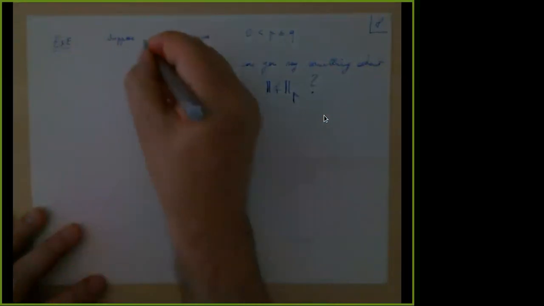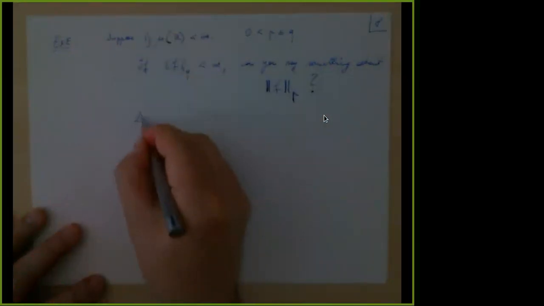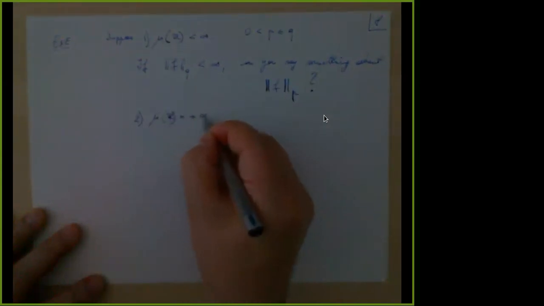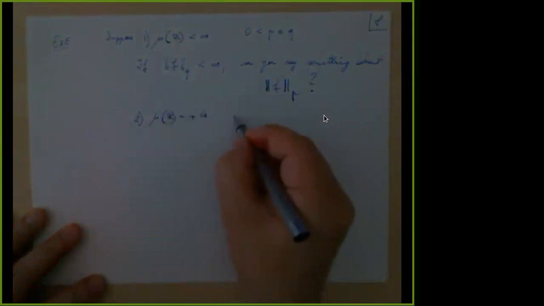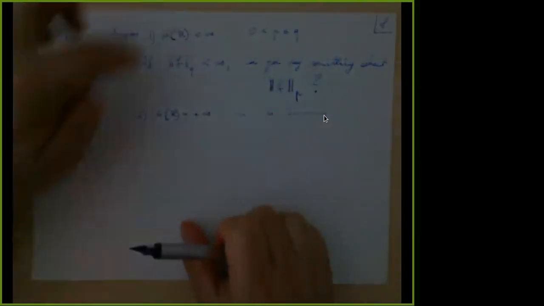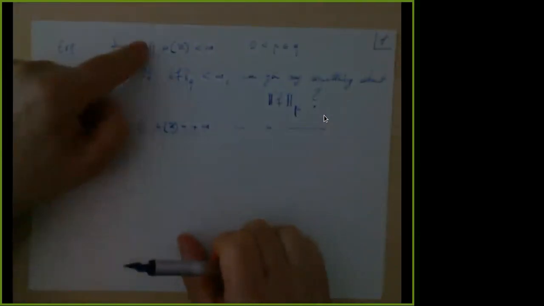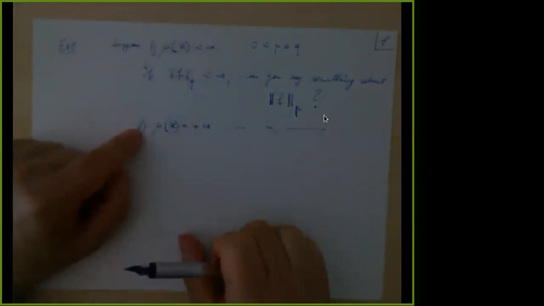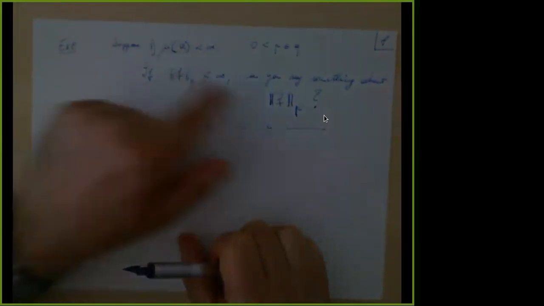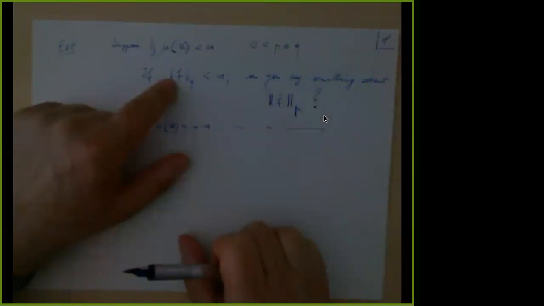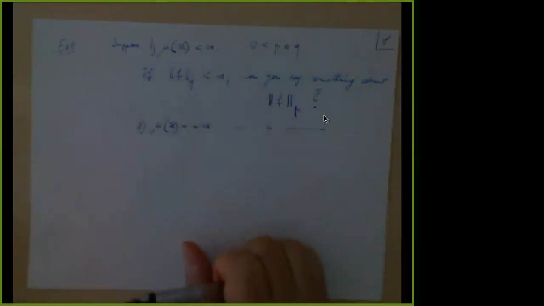And then same question if mu of R is equal to infinity, can you say something? So you will see that the two cases are completely different. In case one, you can say something. In case two, you cannot say anything. You may have this finite and this infinite, or this finite and this infinite. Okay, so they are not comparable.